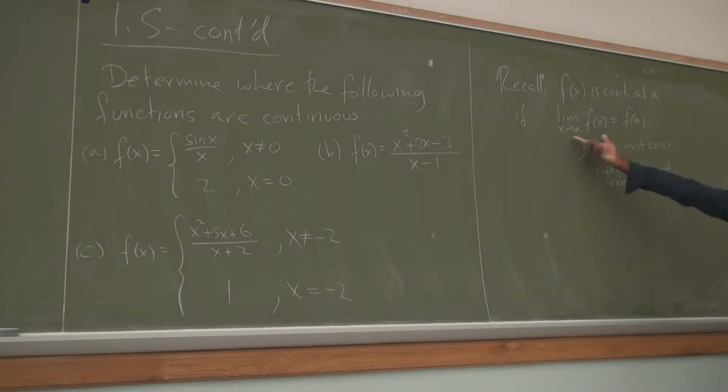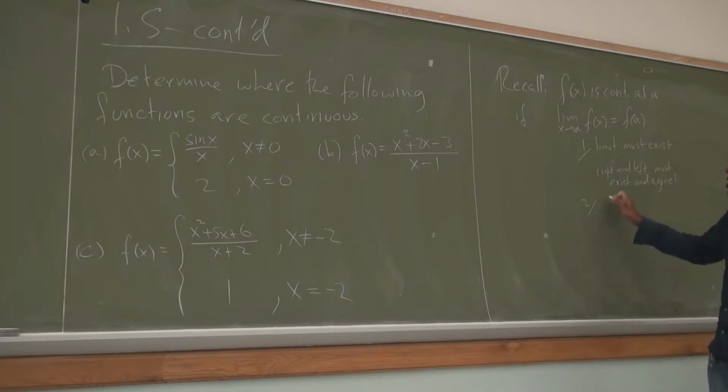This is saying you have to be able to find the limit. Two, the function must be defined at the point. And three, one must equal two. You must have the limit equal the function value. So those are three things you want to check.